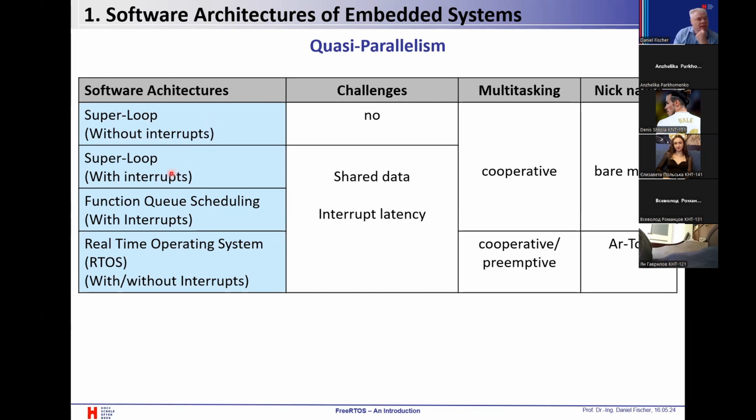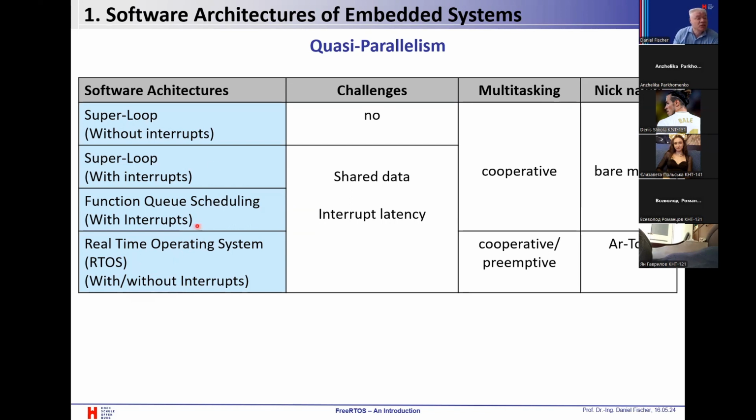I will explain this in more detail in the next slides. You have the super loop where we use interrupts. Then there is the architecture called function queue scheduling. Then there is the last architecture, which we will discuss a little bit more in detail today, an RTOS. Also here you can use interrupts.